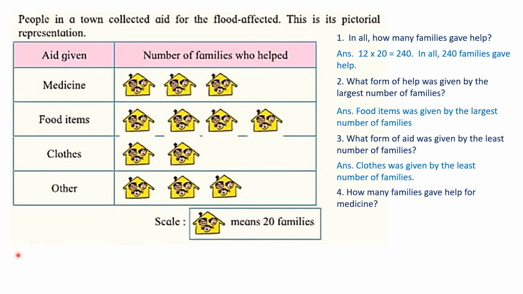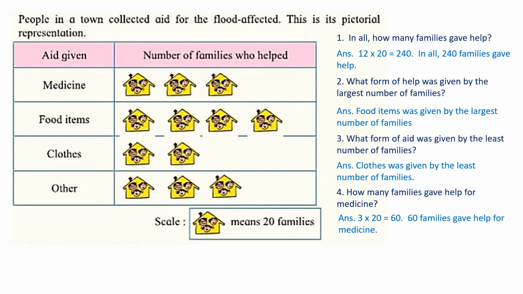Fourth one, how many families gave help for medicine? So here for medicine number of families are 3, which we will multiply by 20. So our answer will be 3 into 20 is equal to 60.